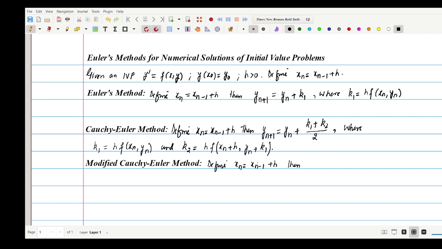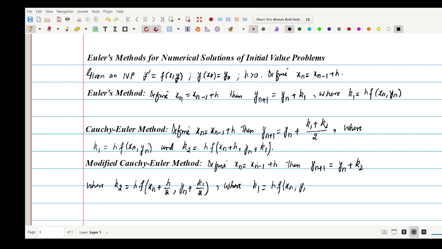Then the nth iteration is given by yn+1 = yn + k2 only, where k2 is defined as h f(xn + h/2, yn + k1/2), where k1 is defined as we have defined it earlier, h f(xn, yn).